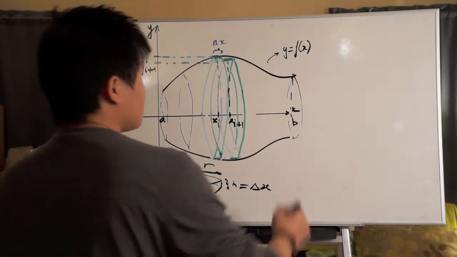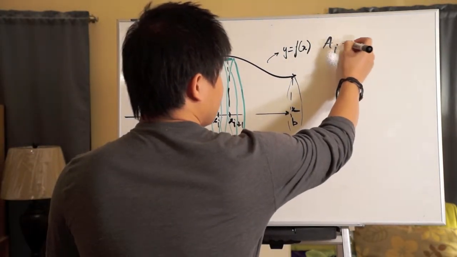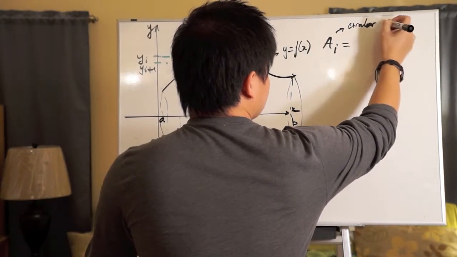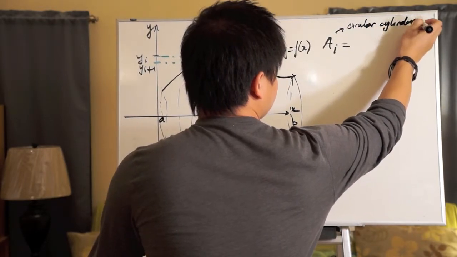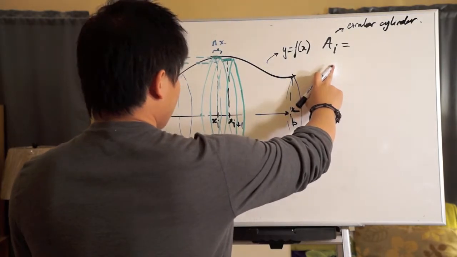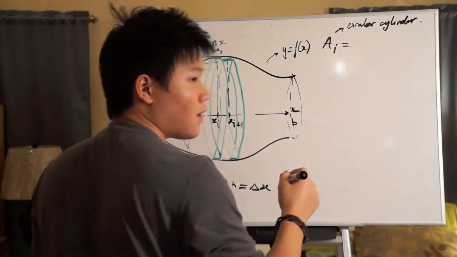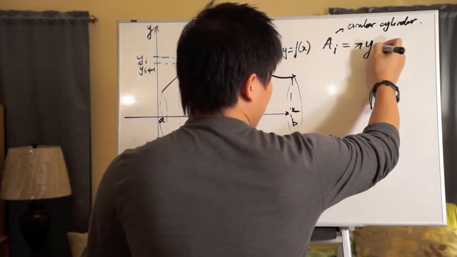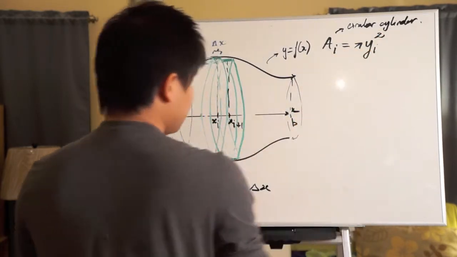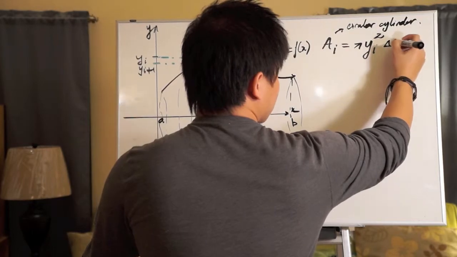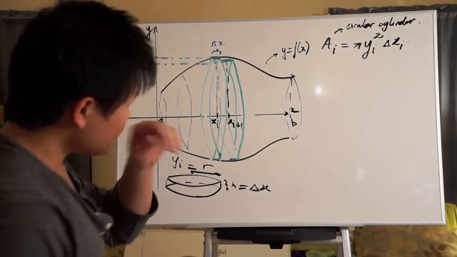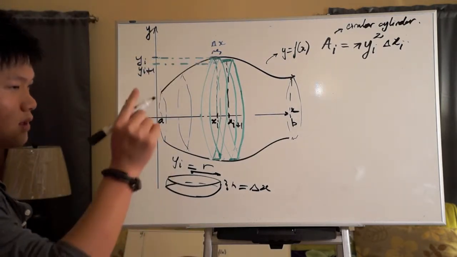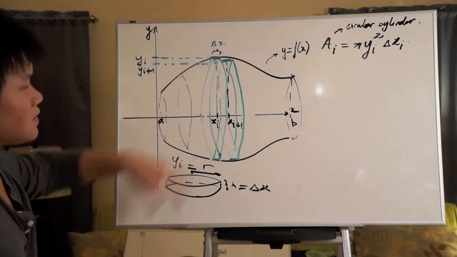So for a certain V sub i, meaning the circular cylinder, this V sub i is equal to the area of the circle, pi times r squared, where r is just y sub i, so pi y sub i squared, times the height, which is delta x sub i. That corresponds to a very small increment, where delta x is small enough that we generate a circular cylinder.